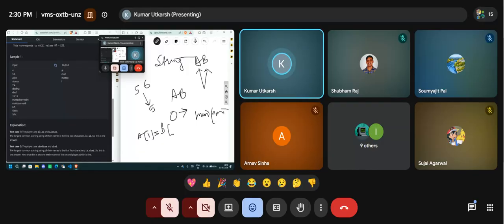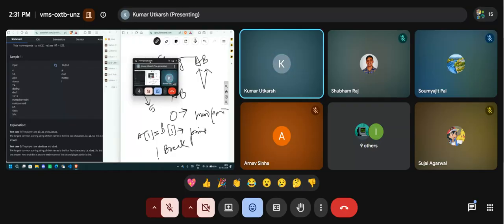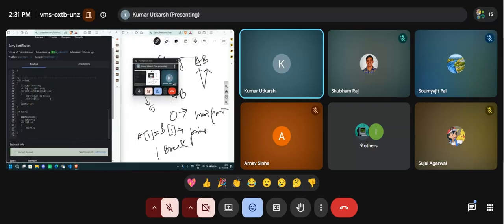Then we print that character simply. And if they are not equal, then we break. Right. This one is also pretty simple, but it can confuse a few if they don't get the question right.